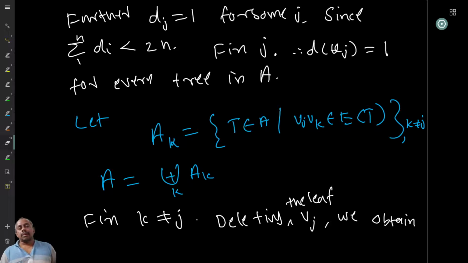Now, let us pick some k which is different from j, of course. So what we do is that we are going to delete this single degree vertex, which is a leaf, vj. Once I delete the vertex vj, what happens? Because it's a leaf, it is not connected to anything other than its unique neighbor.